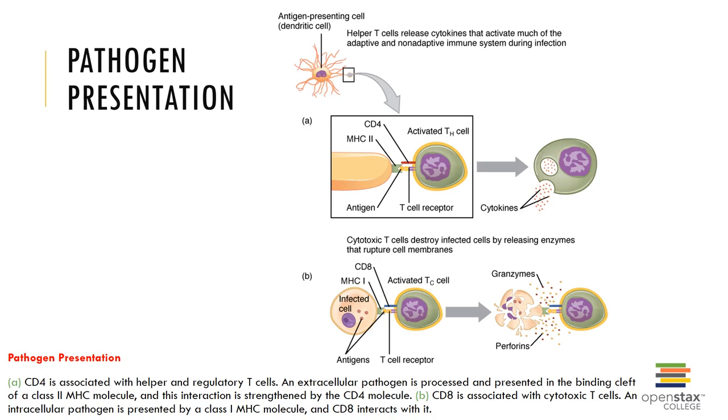Here you can see CD4, which is associated with helper and regulatory T cells, and when an extracellular pathogen is processed and presented in the binding of a class II MHC molecule, that interaction is strengthened by the CD4 molecule. CD8, remember, is associated with cytotoxic T cells, and if an intracellular pathogen is presented by a class I MHC molecule, then CD8 would interact with it.